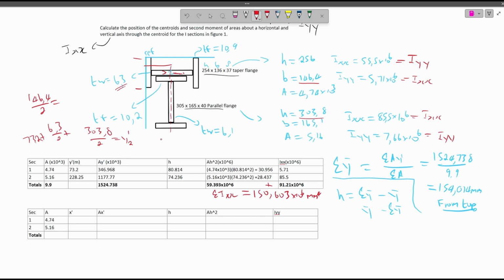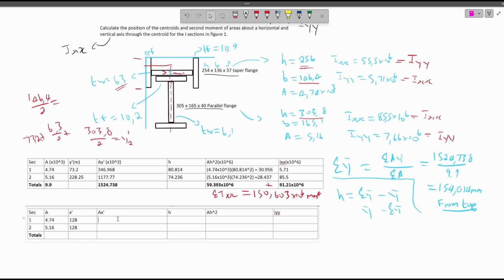So our section is symmetrical about the x-axis. So we're going to use the height of this one as our half, which is 256. Our x bar is going to be 256 divided by 2. We get 128. Also here, it's going to be 128. Since they're symmetrical, from the reference point to the center of each shape, it's at the same point.